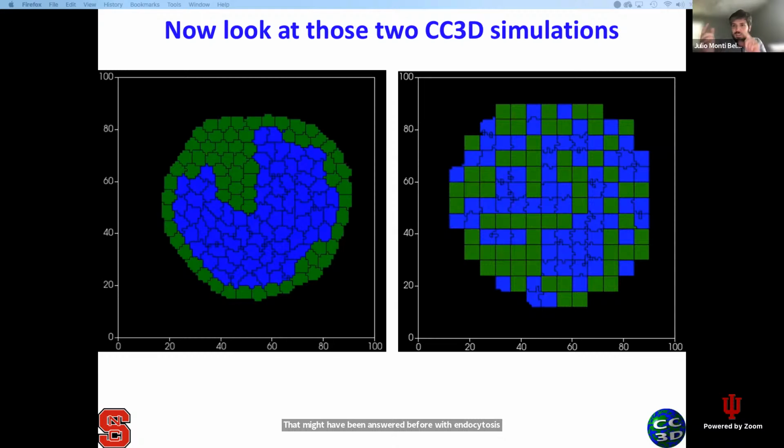Okay, so endocytosis is usually a very small process in terms of scale that I'm not sure can be explicitly represented. Maybe it can be done in an indirect way, but we can simulate diffusion of morphogens in CompuCell3D and make the cells respond to the morphogens.